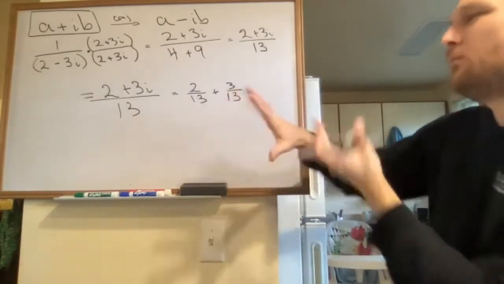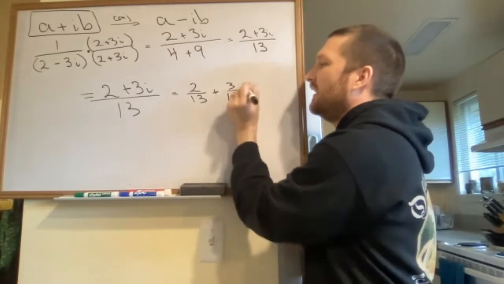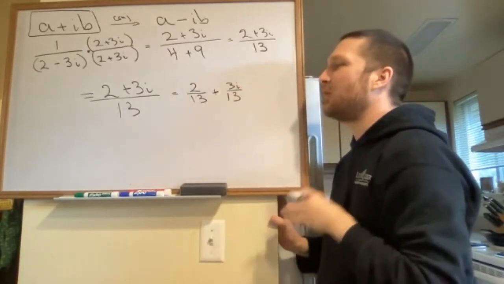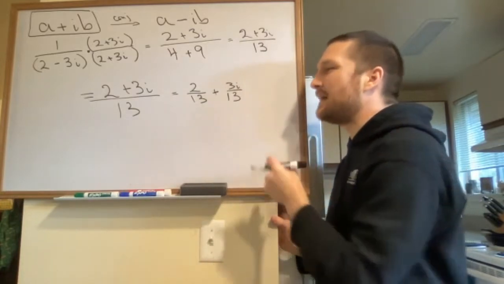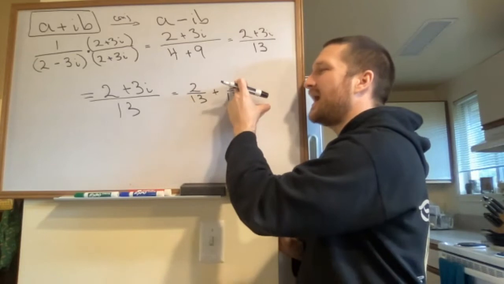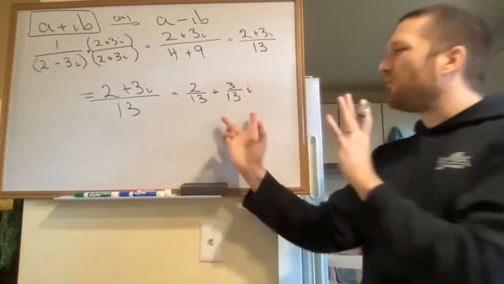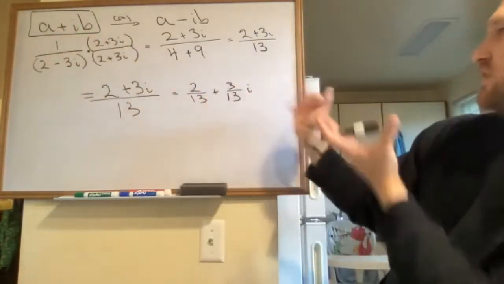Really, what I'm doing here is saying, there's my i, and you end up with 3i over 13. But that last step is just saying that right there is the same as this, because that's the form I'm looking for. And I just like to see it visually like that.